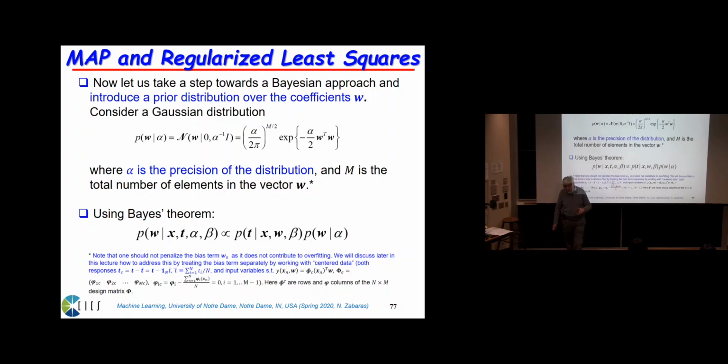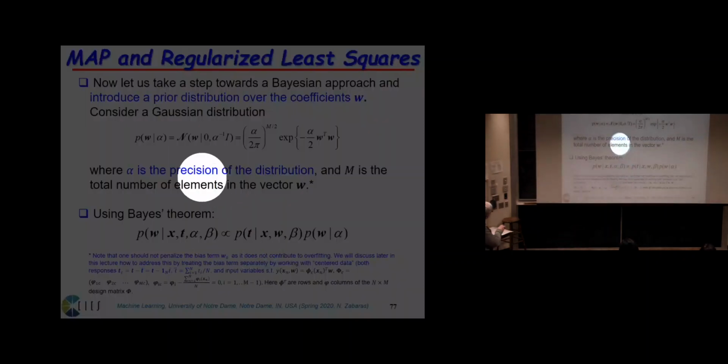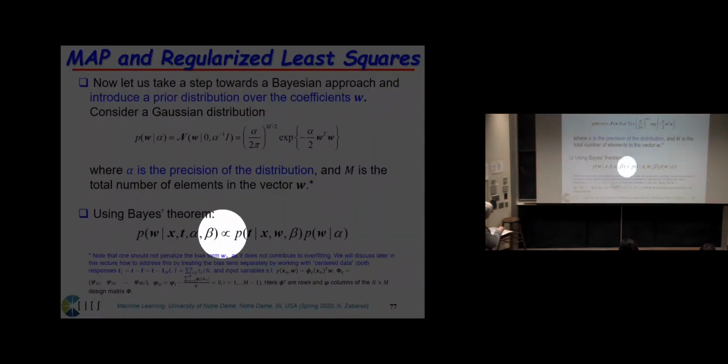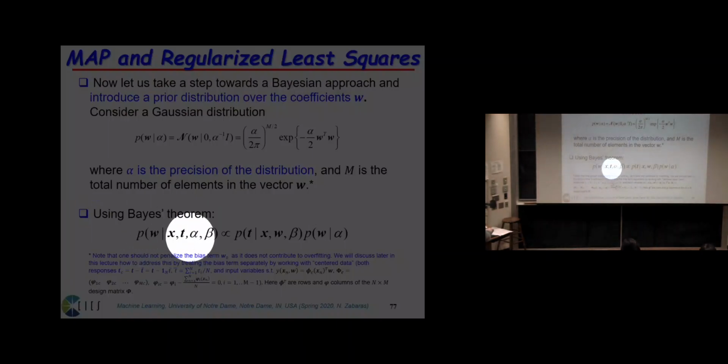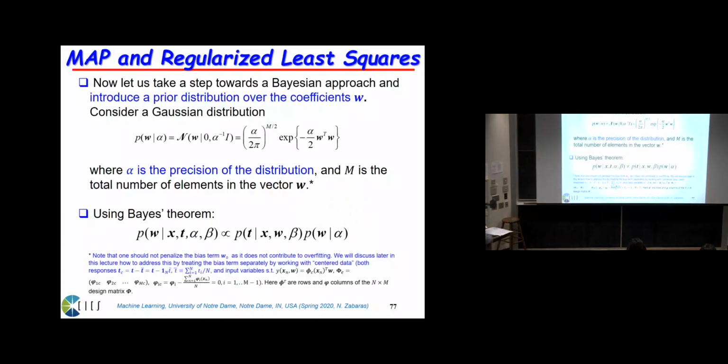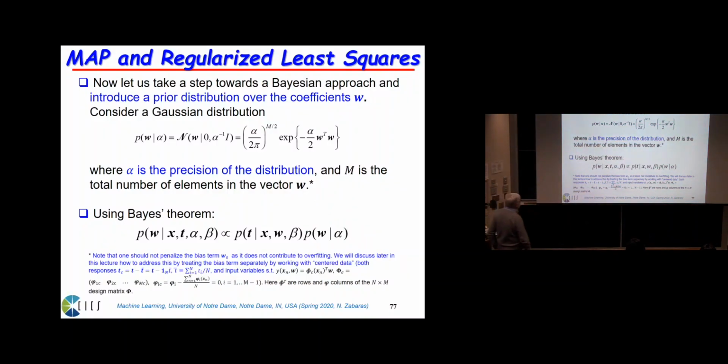Alpha and beta are hyperparameters that for now I take as constants. I said here is the precision of the prior, beta is the precision of the likelihood. I haven't said anything about how to compute them, so we take them as constants. So the posterior of W, given all of this, is the likelihood times the prior. Don't read what it says on the footnote. I'm going to come back to it, if not today, tomorrow.